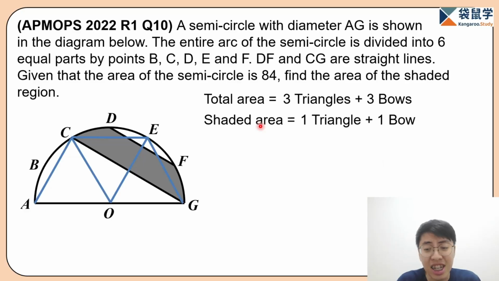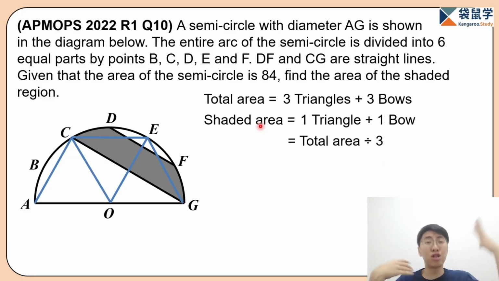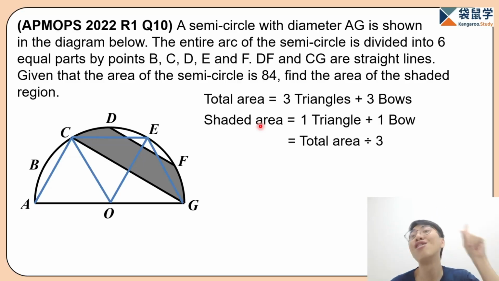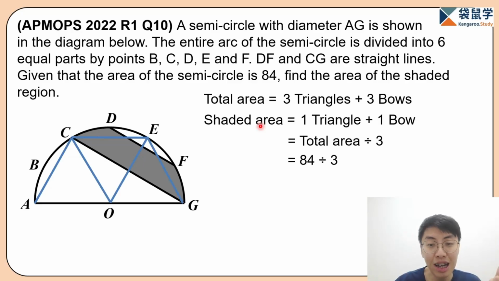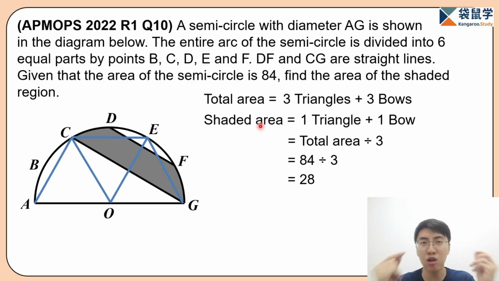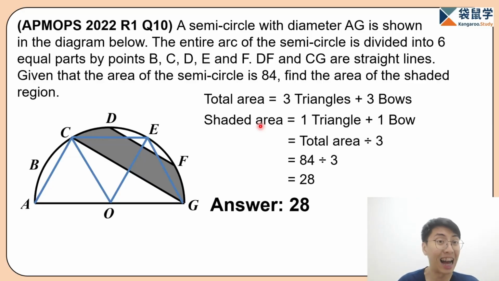It is just divided by 3. Since 3 triangles and 3 bows is equal to 84, then 1 triangle and 1 bow should just be equal to 28 over here. So now we have successfully solved this difficult question by APMOPS.